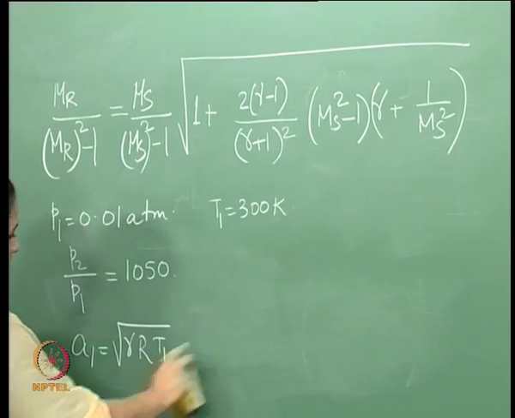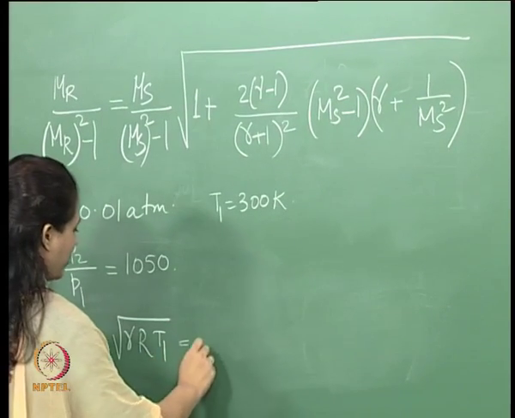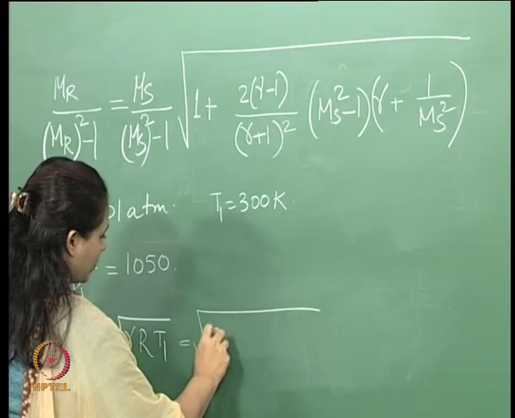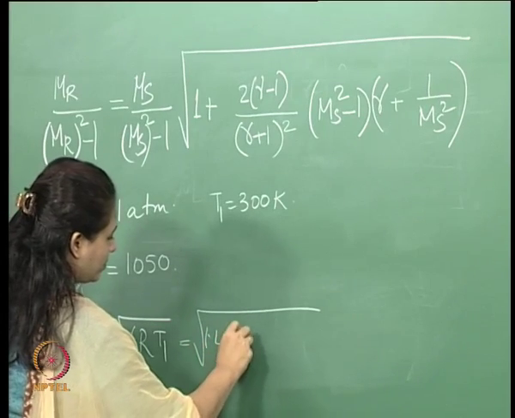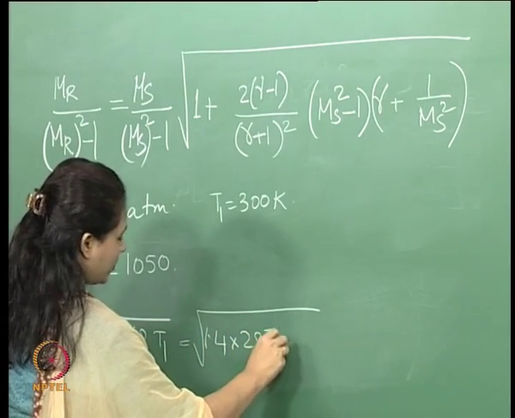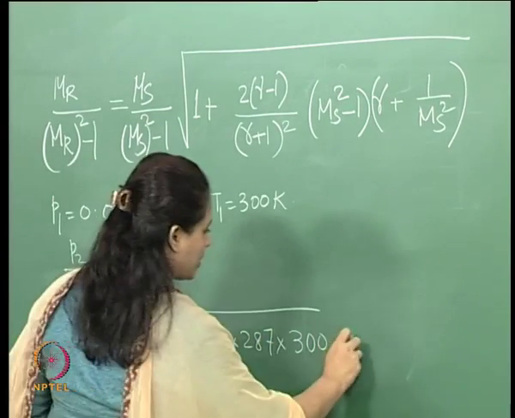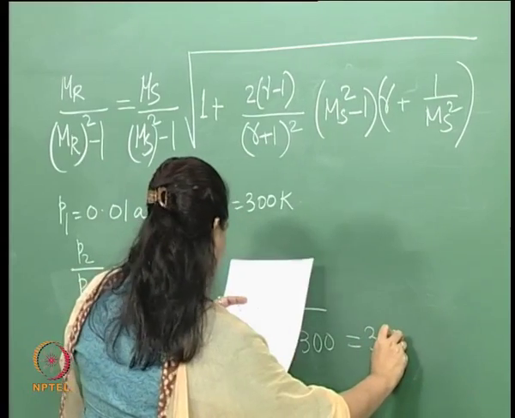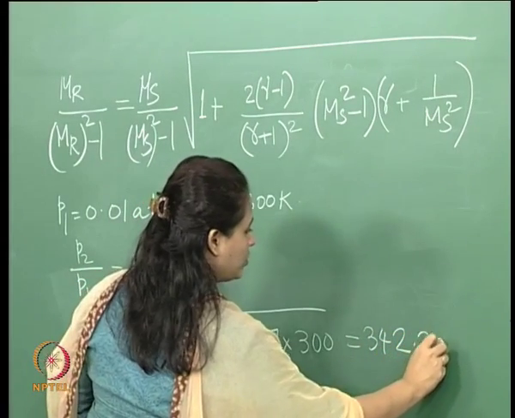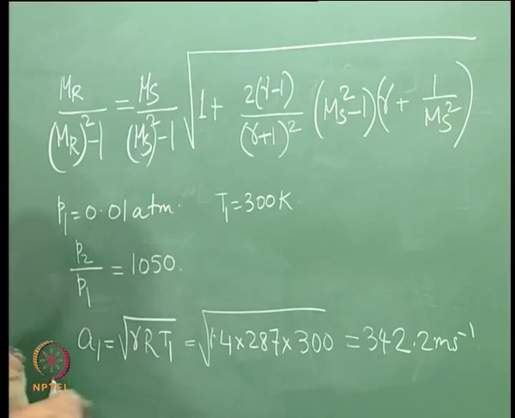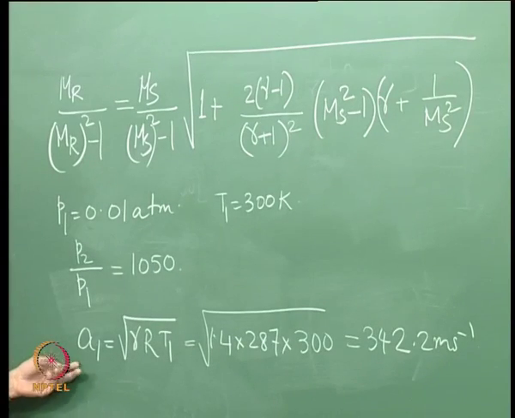Taking gamma to be 1.4, we have 1.4 times 287, and T1 is given to be 300 Kelvin. So this comes out to be 342.2 meters per second.